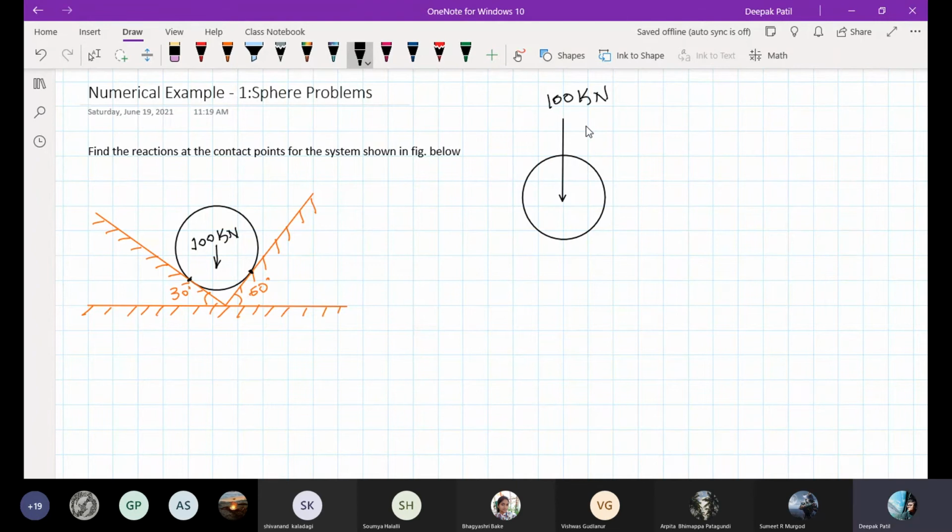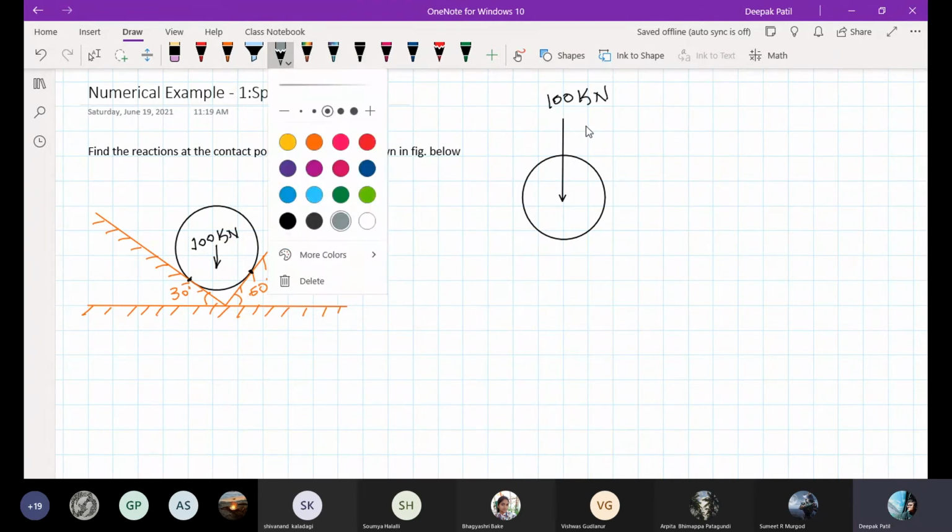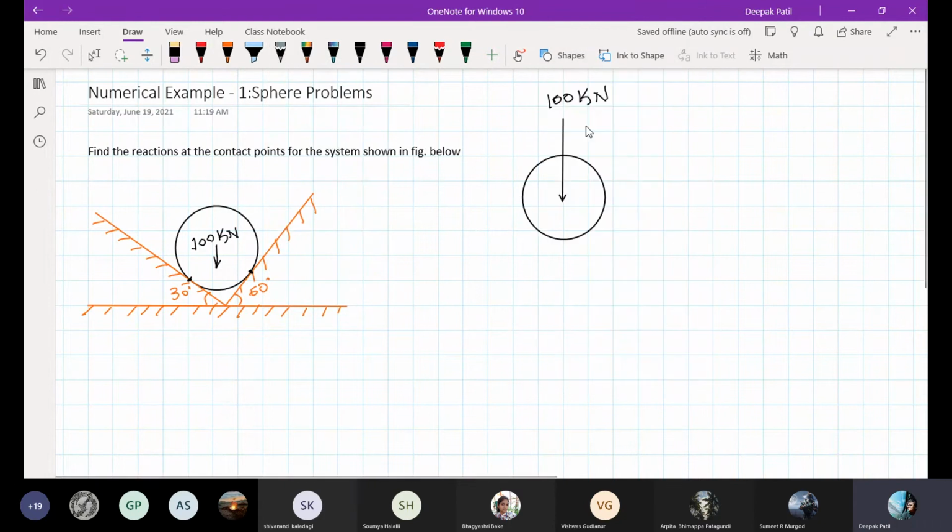Then let me mark these contact surfaces. One contact surface is like this, and the other contact surface is like this. Okay, these are the contact surfaces.